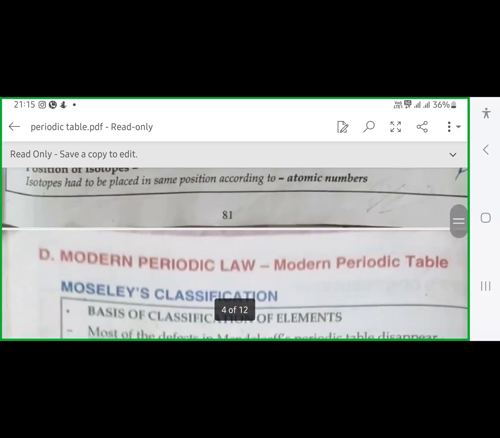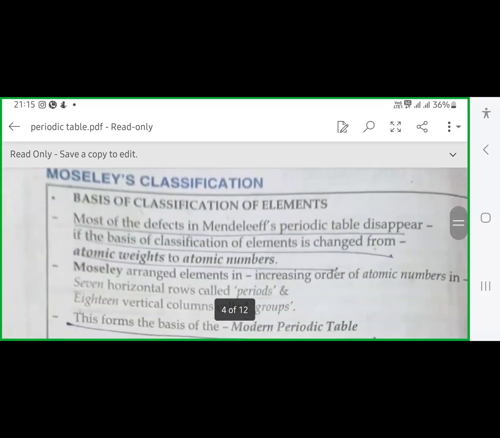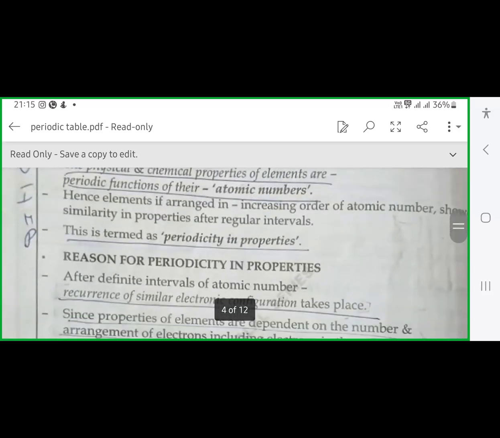So to overcome this limitation, the modern periodic table came into the picture. And the modern periodic table is also known as Moseley's classification. He classified the elements and said that atomic mass is not a basic property. The more basic property is atomic number. Clear? Yes, sir. So the modern periodic law we discussed.